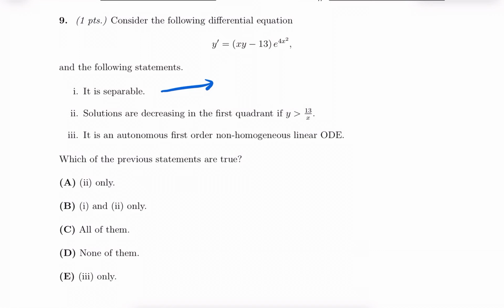Separable by definition, like I said before, is dy/dx equals f(x) times g(y). So you can get your equation in a way where you just have a function of y and a function of x. Even if I expand this and bring the y to the other side, I still have x. So no, it is not separable.